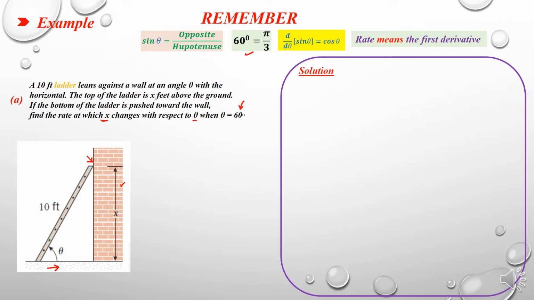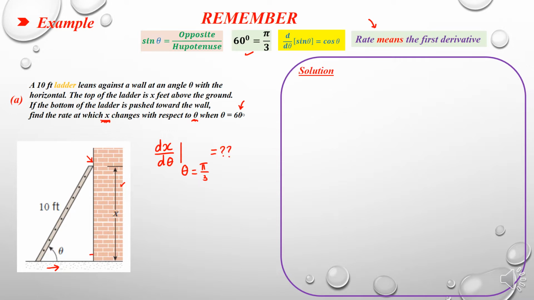And as you know, the rate of change means the first derivative. But here you have to find the rate at which x changes with respect to theta. So you have to find dx by d theta when theta equals 60 degrees, in radians pi over 3. So this is what you want to find.